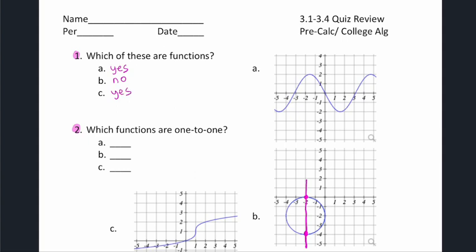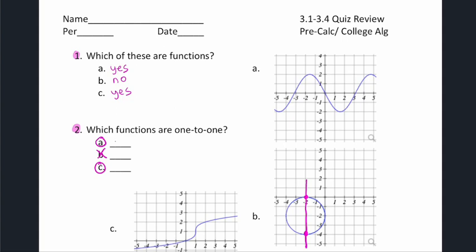Now, for number 2, where are the functions one-to-one? It has to be a function in order to answer that question. So right off the bat, we know B can't be one-to-one because it's not even a function to begin with. So now we are looking, does it pass the horizontal line test? So you'll notice that a horizontal line hits this graph in many locations.